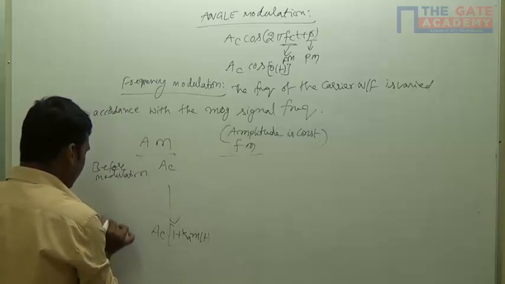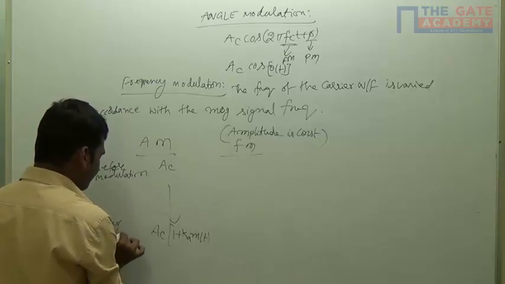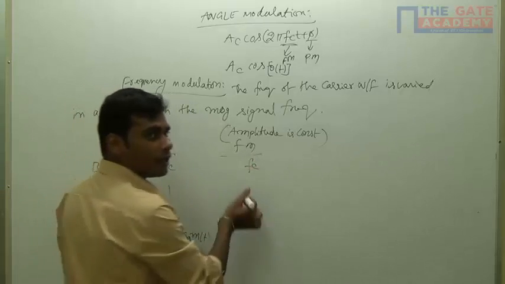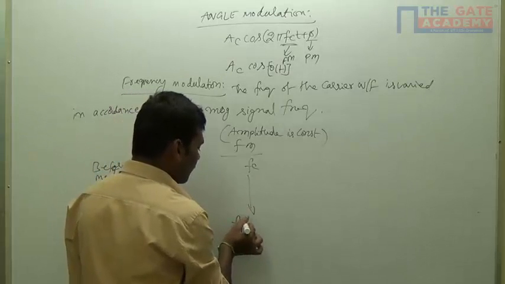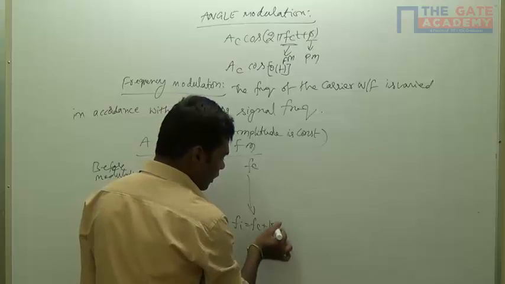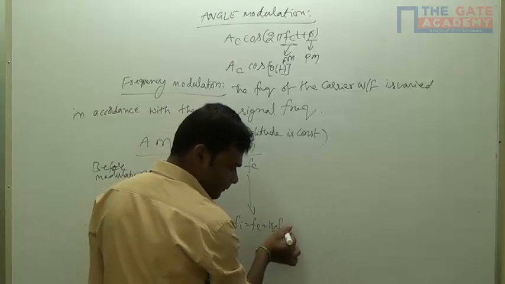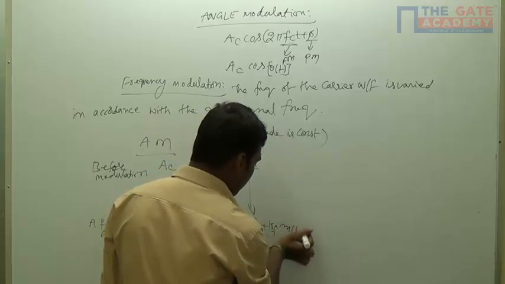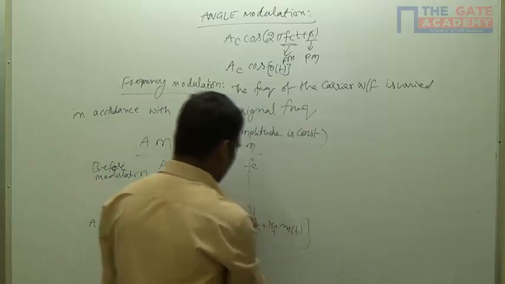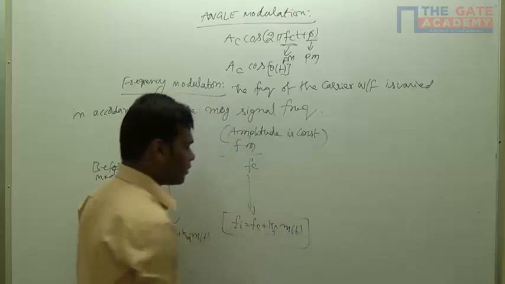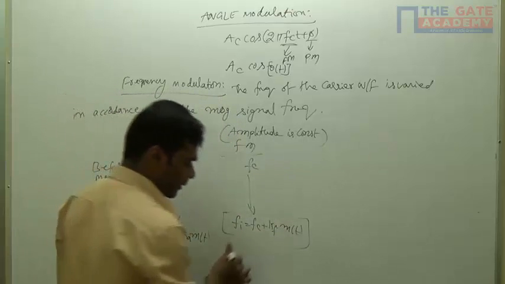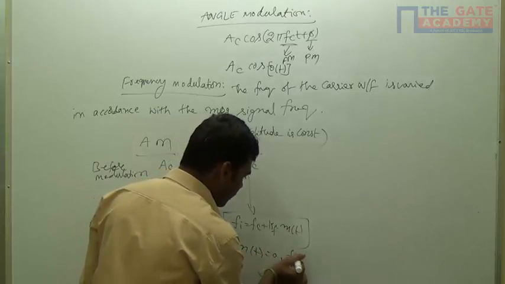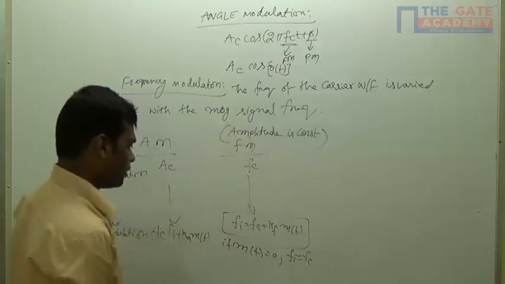In FM, before modulation you have fc, and after modulation you get fi equal to fc plus Kf into m of t. As of now we will consider m of t only. If m of t is equal to 0, then fi is equal to fc.